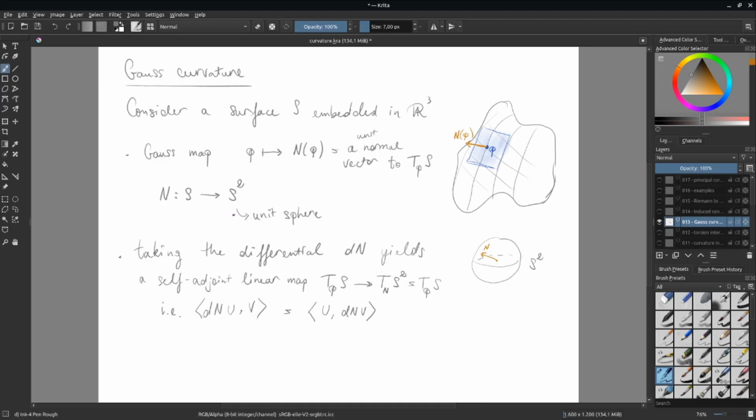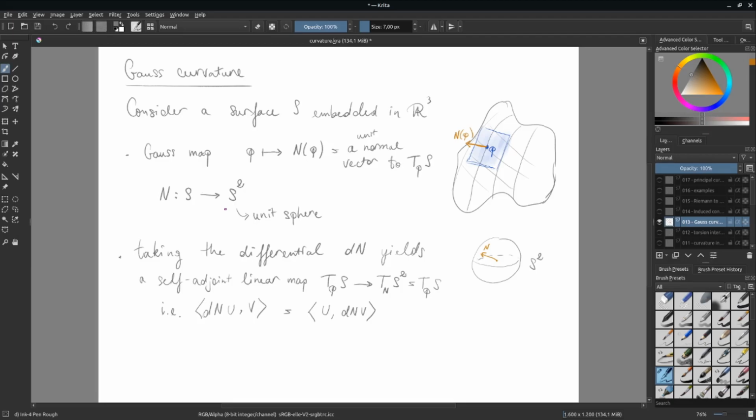And so whenever we have a map from a manifold to a manifold, because it's differentiable, we can look at something called a differential. That gives us a linear map between the tangent spaces, let's say Tp of S, to the tangent space at n of p on S2.